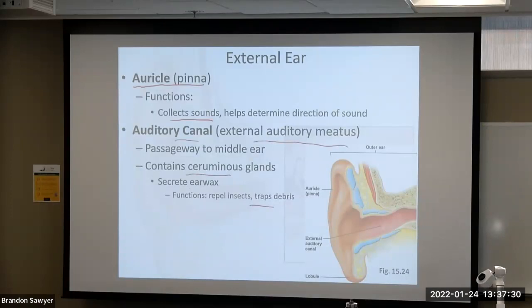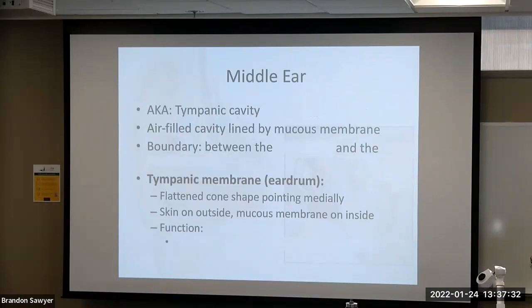Then we'll move into the next cavity of the ear called the middle ear. This is known as the tympanic cavity. This is also an air-filled cavity. We pretty much have 3 cavities within the ear: the external, the middle, and the internal. The external and the middle are both air-filled, and the internal is fluid-filled.